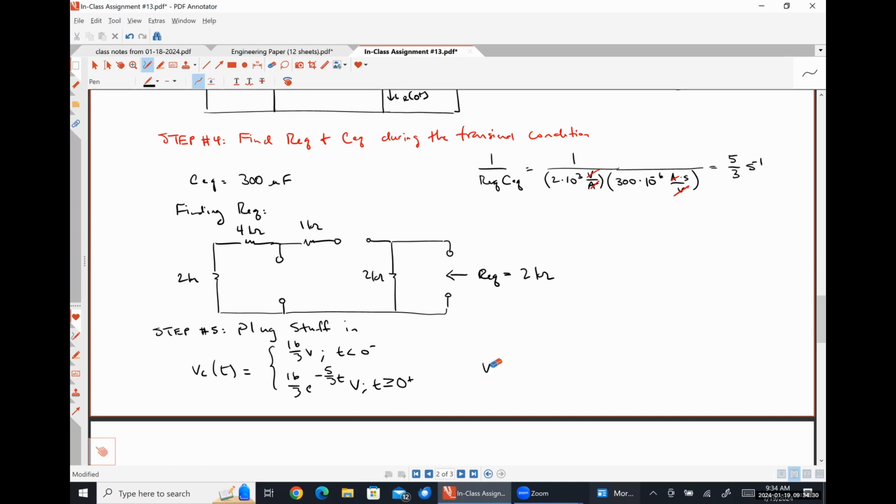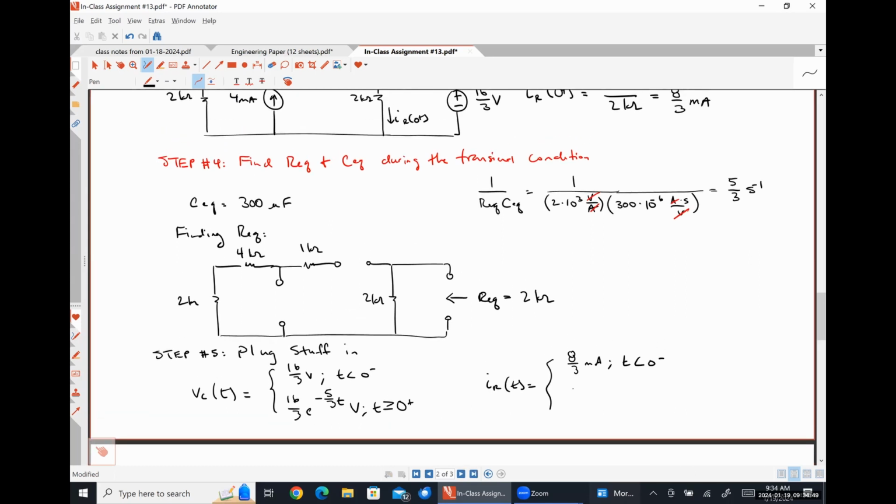And the thing that we were actually asked to find, IR. So IR at 0 minus was 8/3 of a milliamp. And then IR at 0 plus was 8/3 of a milliamp. So 8/3 e to the negative 5/3 t milliamps for t greater than or equal to 0 plus.